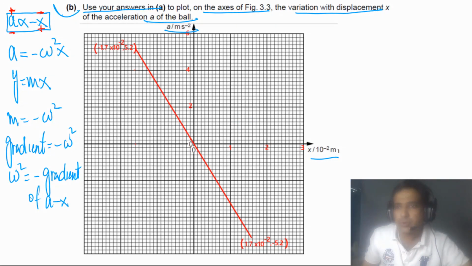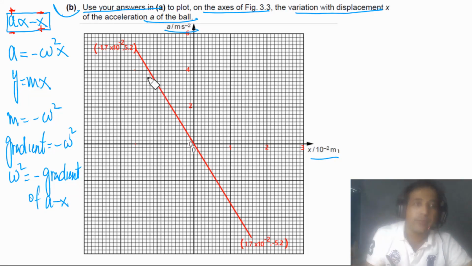Actually you need not worry about the numbers, because these numbers we already have calculated. In the exam these numbers will be given to you, but our main focus is on the graph, how to sketch the graph. So in the question it was given to us that when x is equal to 1.7, the value of a is equal to negative 5.2.